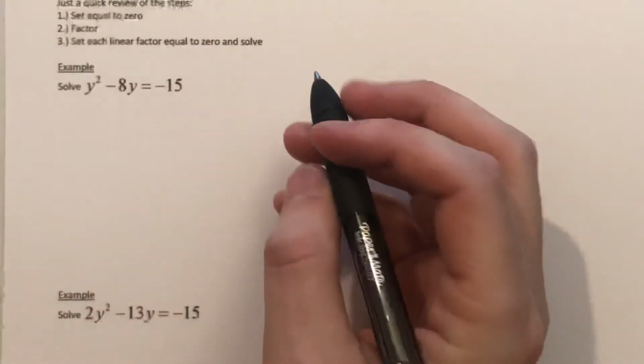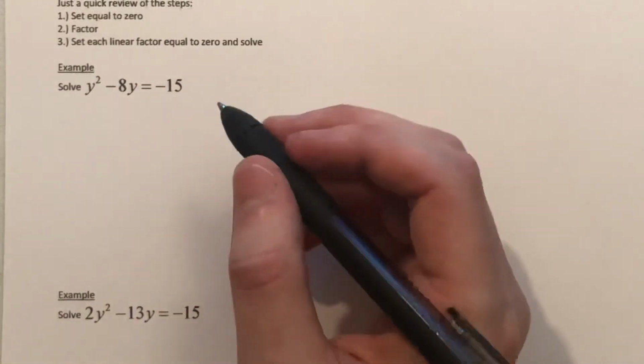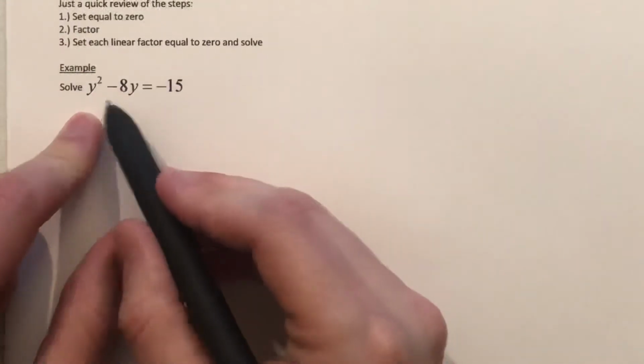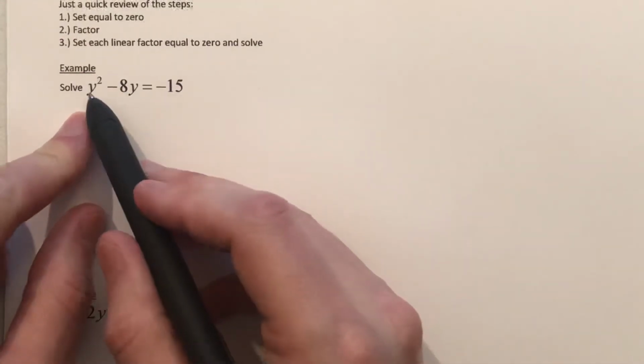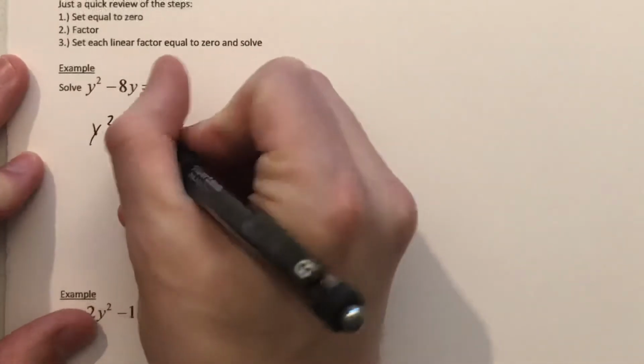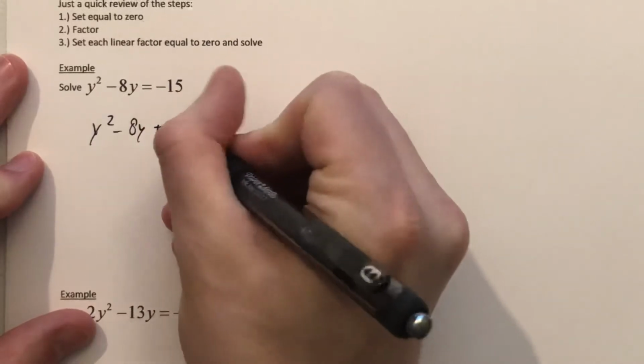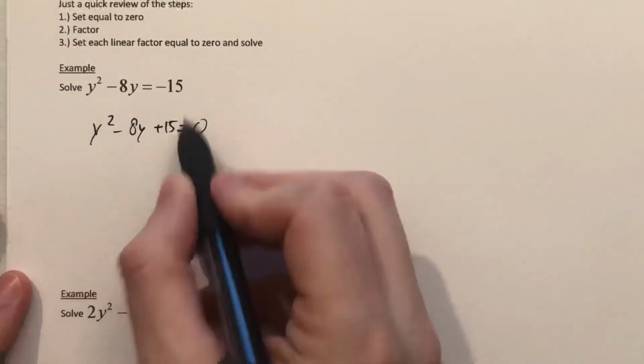By no means is this every single possible type of equation we could see that would factor, but just as the basic processes. We've got this equation here where we've got a y squared term, a y term, and a constant. So we can recognize that as an equation that we want to get into the form of equal to 0 and then factor.